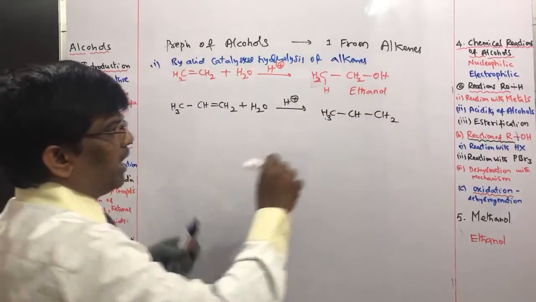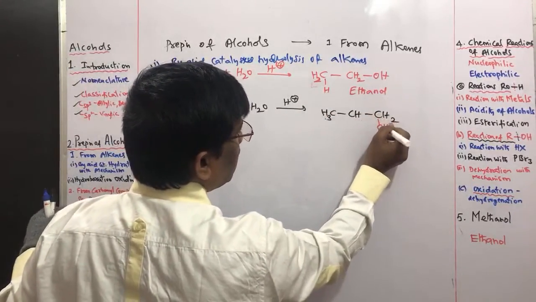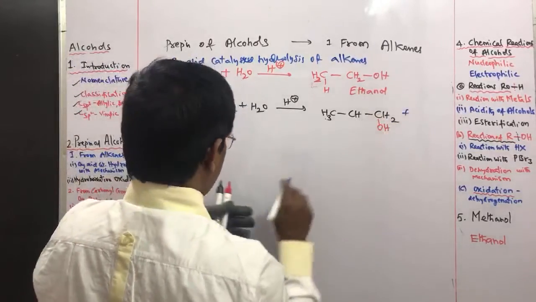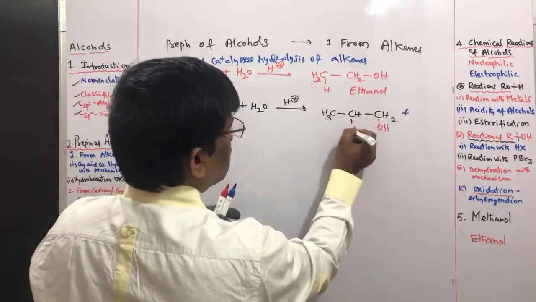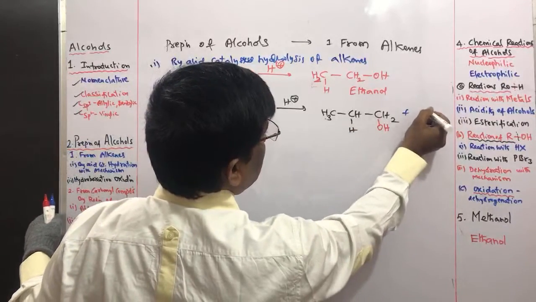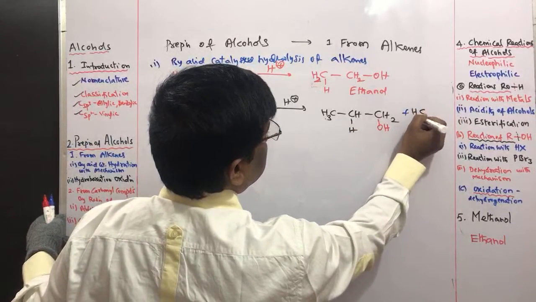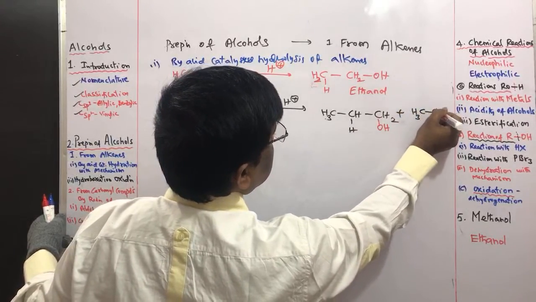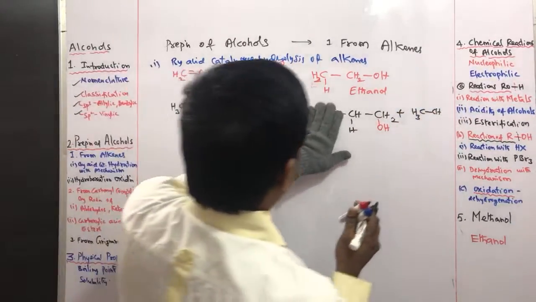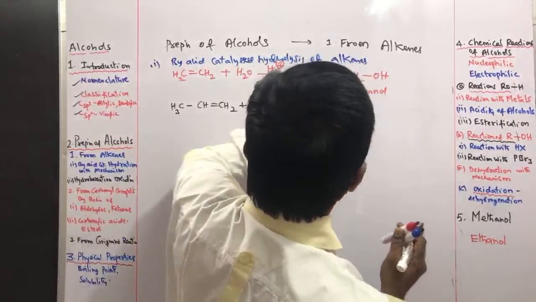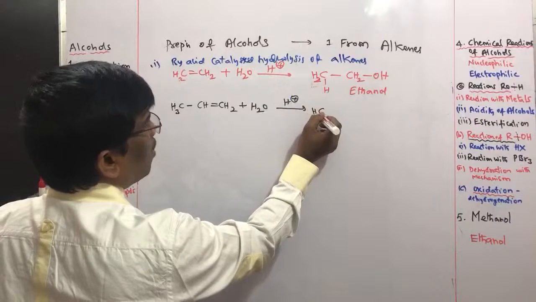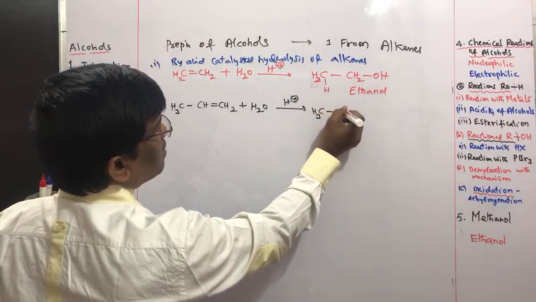Am I going to get CH3 CH2 CH2 OH here, or CH3 CH OH CH3? Let me write. In this case, two types of alcohols, primary and secondary alcohols, are possible, students.